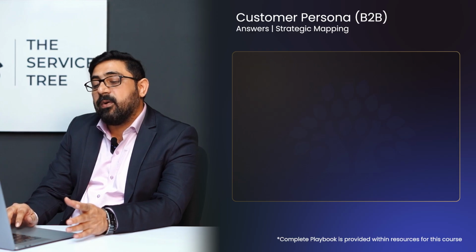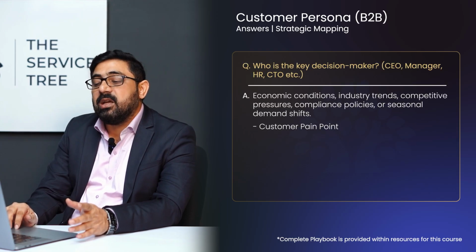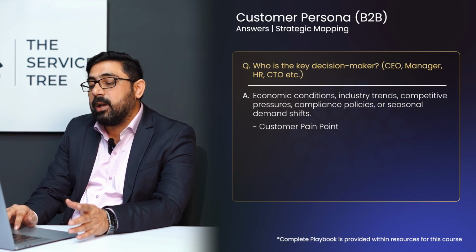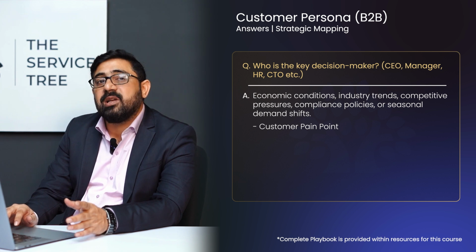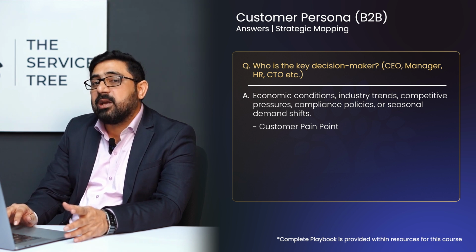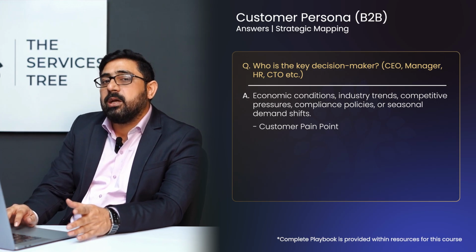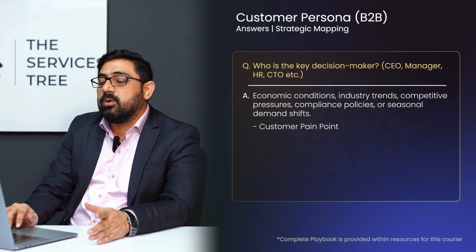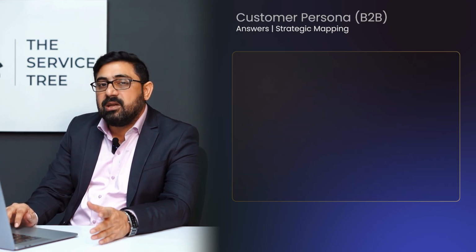Similarly, if you have found out who is the key decision maker, it means that you will have to tune your sales strategy accordingly. Your sales messages and your channels should be tuned according to the CEO or the HR manager or the CTO. That's not about email marketing for masses.